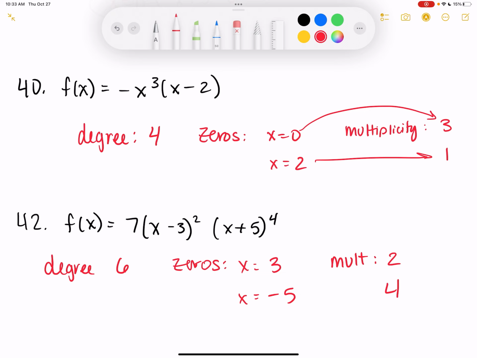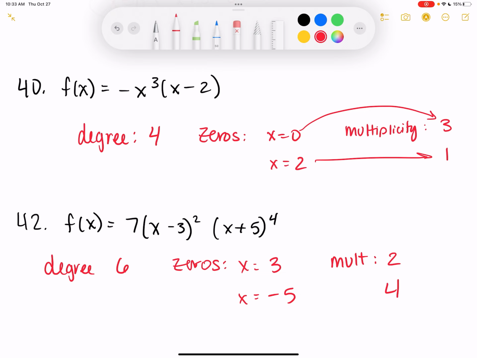Okay, and then the very last thing that we're going to do in this section: there's a few other places where it says find the zeros algebraically and all that other stuff. I'm not going to give you any of the hard ones that you wouldn't be able to do, because you would not know everything you need to solve them.